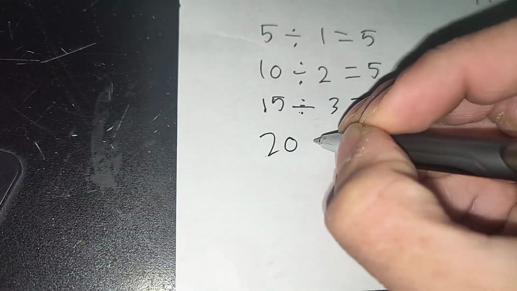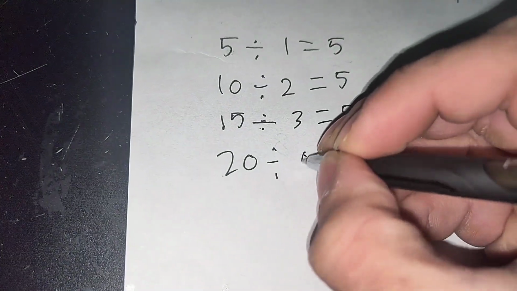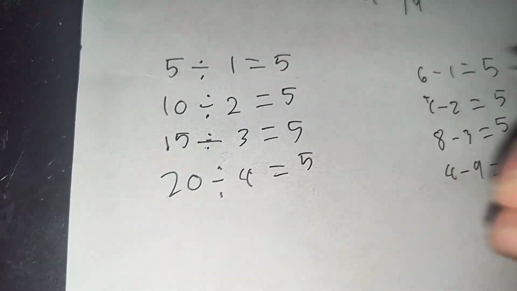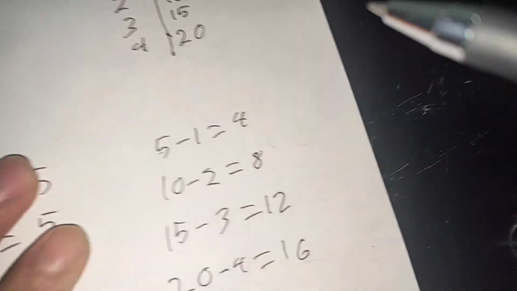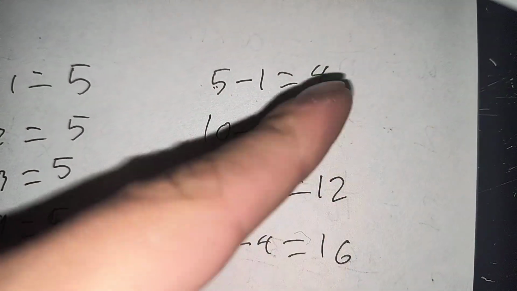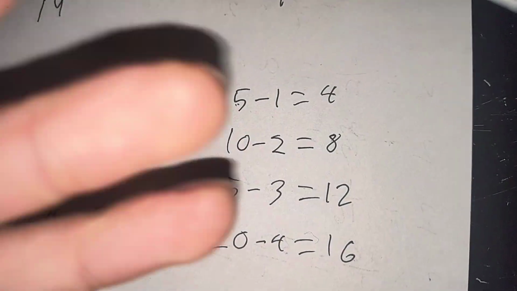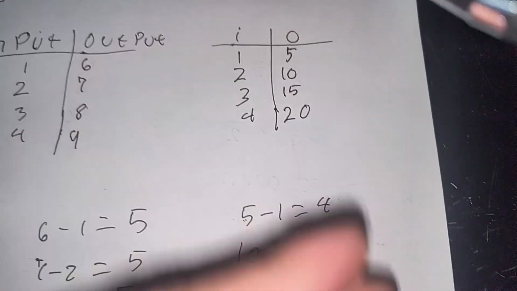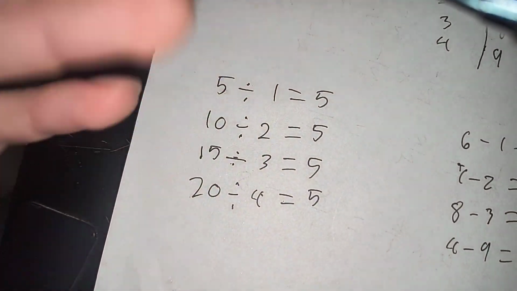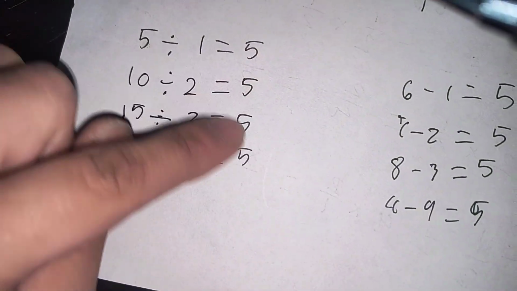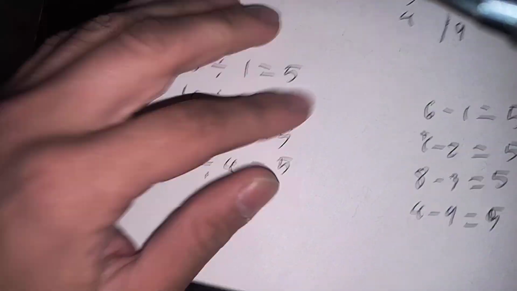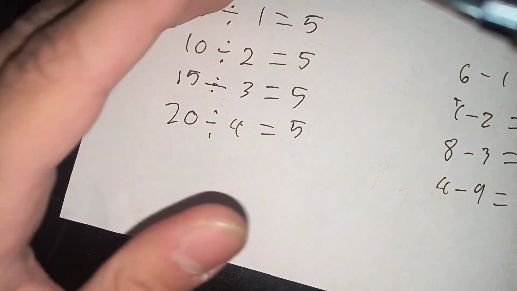And 20 divided by 4 is equal to 5. So there we go. This means that it's multiplicative. The difference between them wasn't the same, so the rule couldn't have been additive, but the quotient for them is the same. So that means that this table is multiplicative.